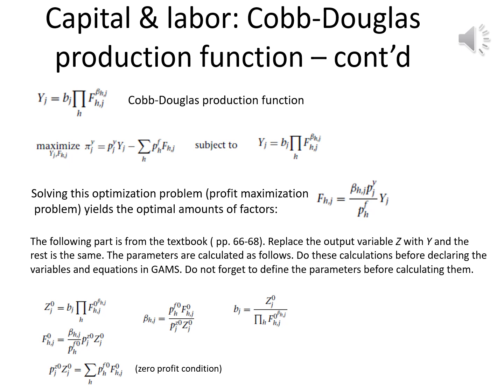We need to ensure that this zero profit condition holds. That's why we have this equilibrium equation at the end. That's all for the Cobb-Douglas production function. In the next slide, we will look at intermediate inputs, and how we handle intermediate inputs in the CGE model.